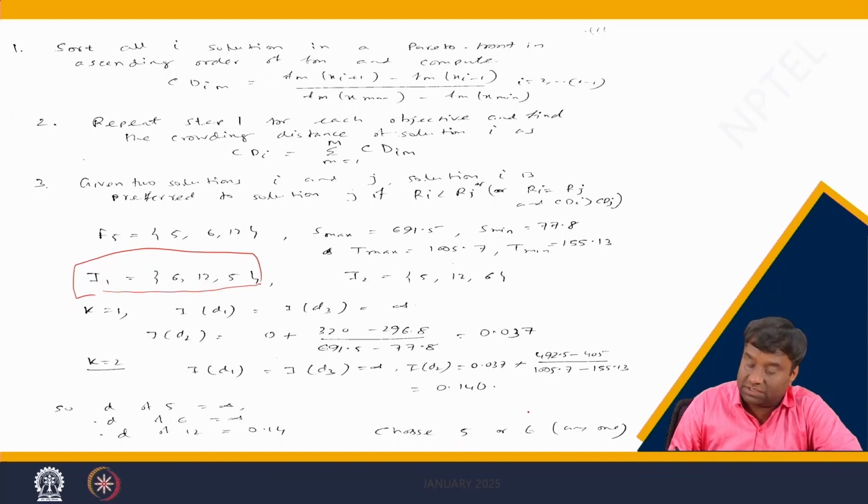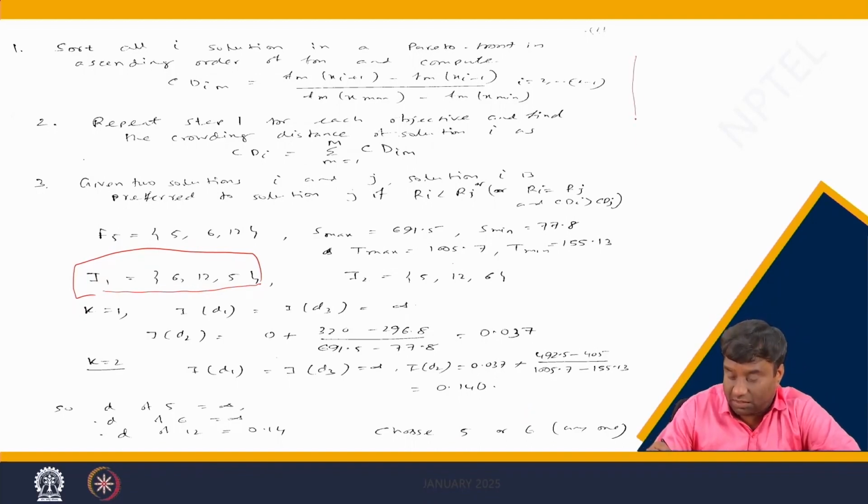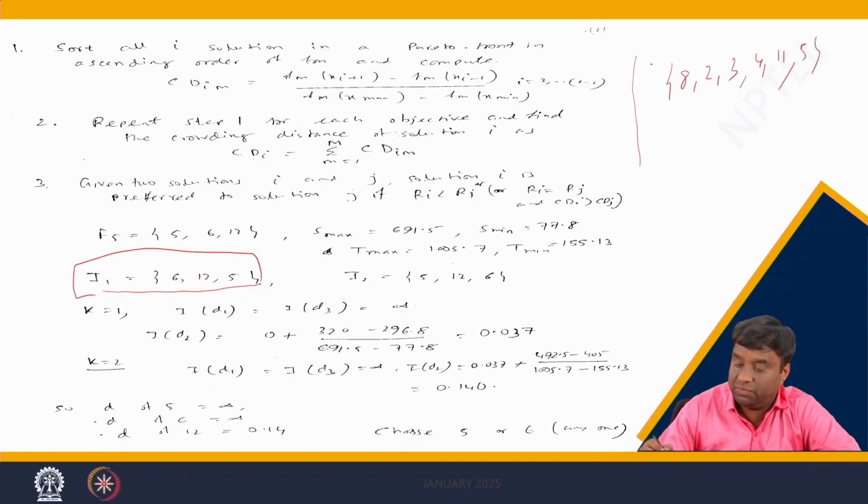So in the next iteration we have the sixth individual, along with front 1: 1, 8, 2, 3, 4, 11. Here either 5 or 6. So this will act as Pt plus 1 for the next iteration. So either this, or you can also have this.